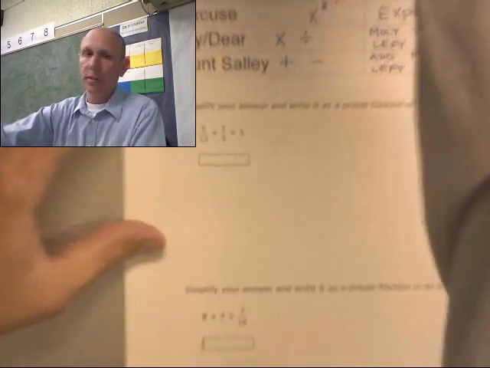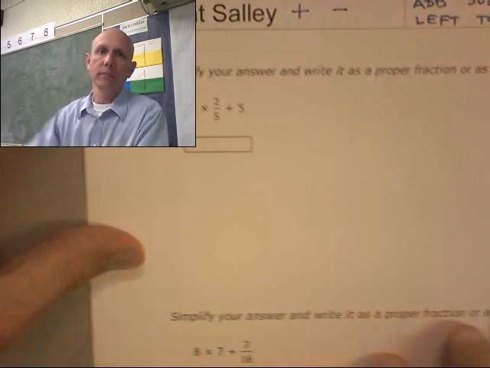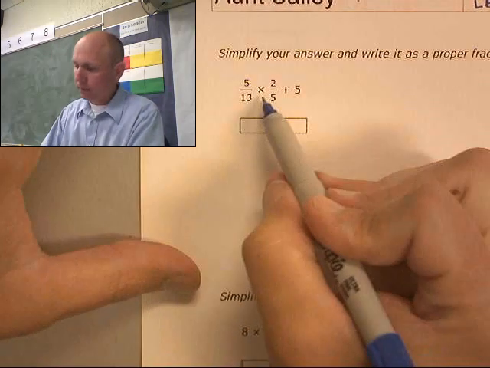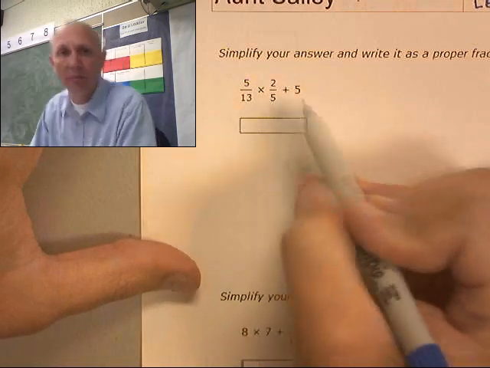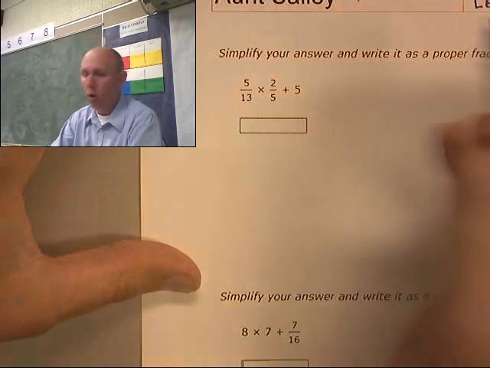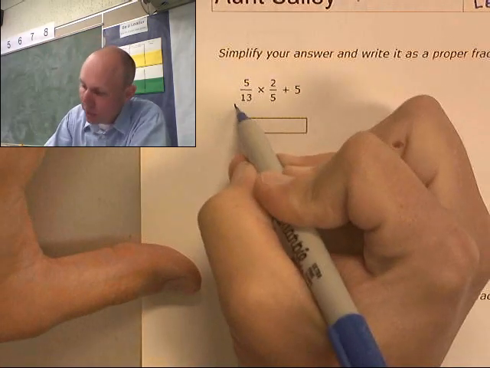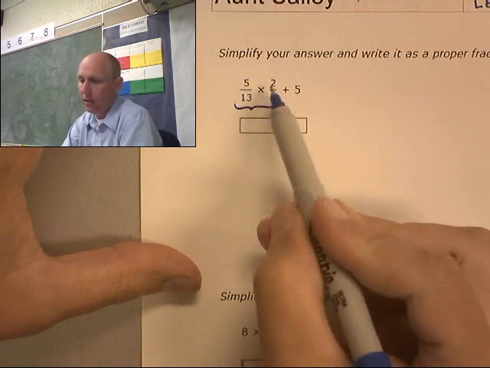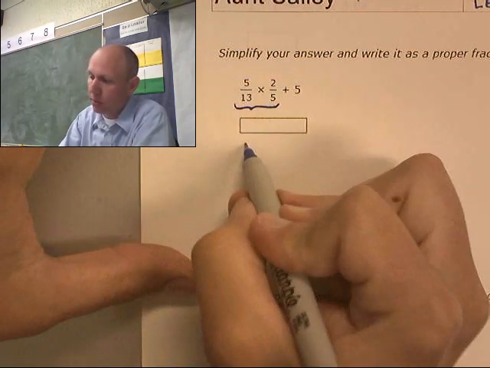So here's our first one. What should I do first? I have some multiplication, I have some addition. Well, order of operations tells me to do my multiplication first, so we're going to start right there with that multiplication. And it's a fraction, but I can do that. What's 5 times 2? 5 times 2 is 10.